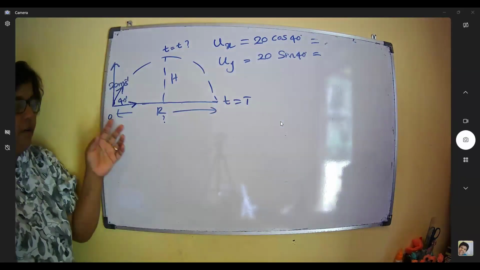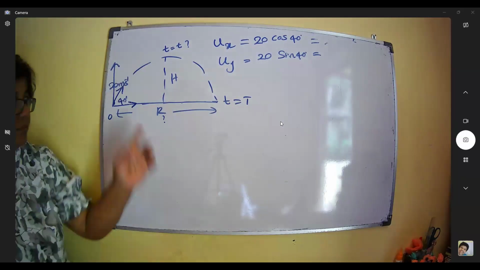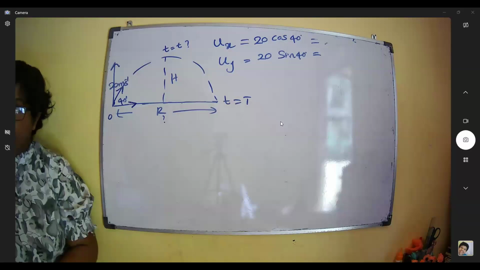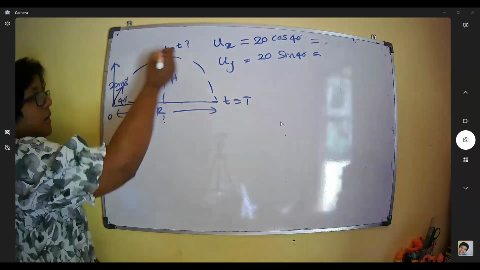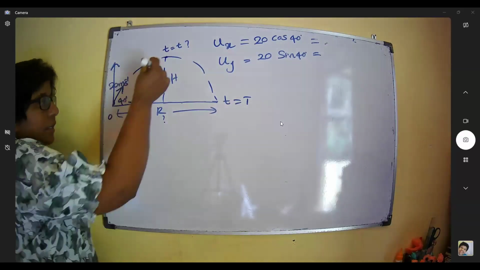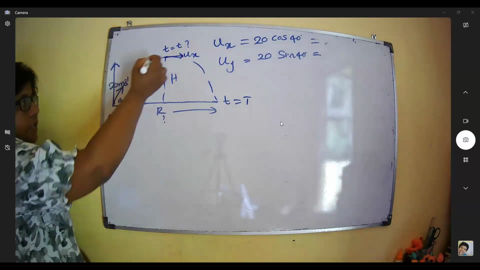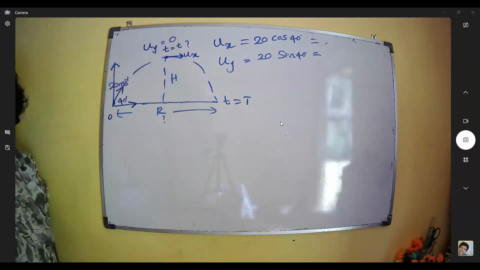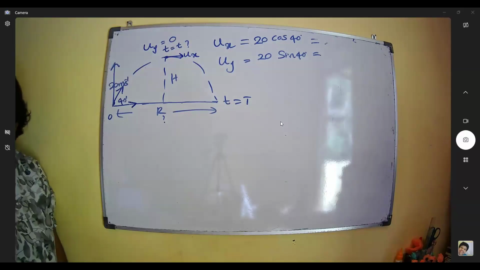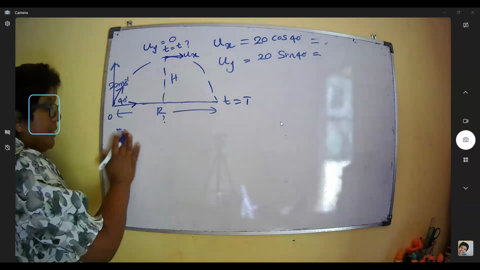Then how do we find the time interval to reach the maximum? In this position, what do we know? T we have to find. At the maximum point, what is the value for Vy? Ux is the same, it is not changing. At the maximum point, Vy is equal to 0. And we can use this.